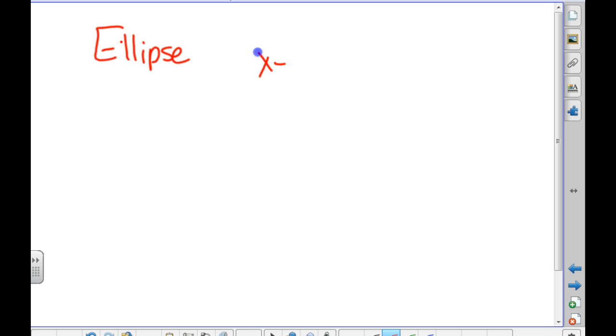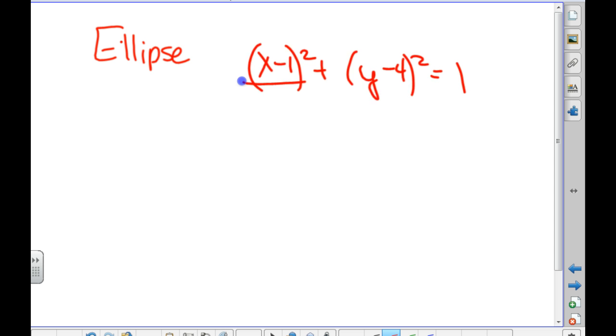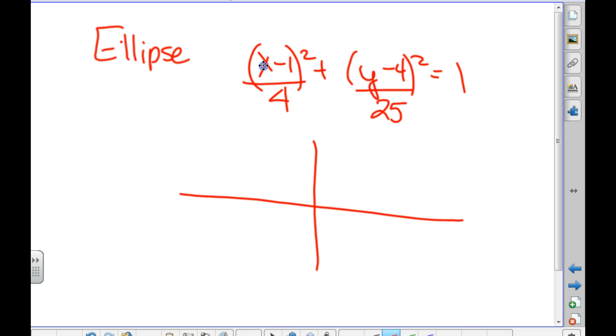An ellipse is just like a circle, except it has to equal 1 on the right side. And this down here tells you how far out it goes. So the center would be at 1, 4. This tells you in the x direction it goes out 2.